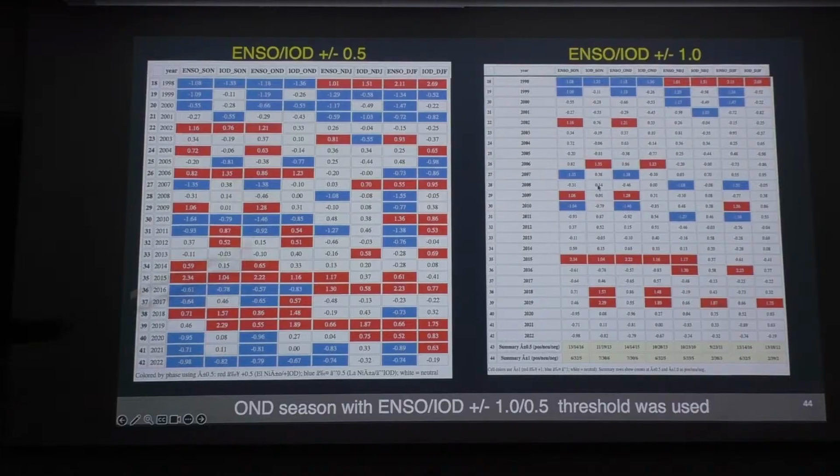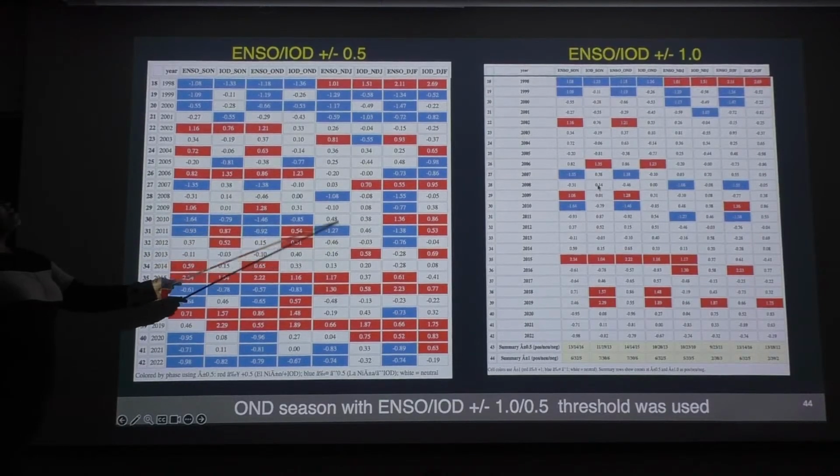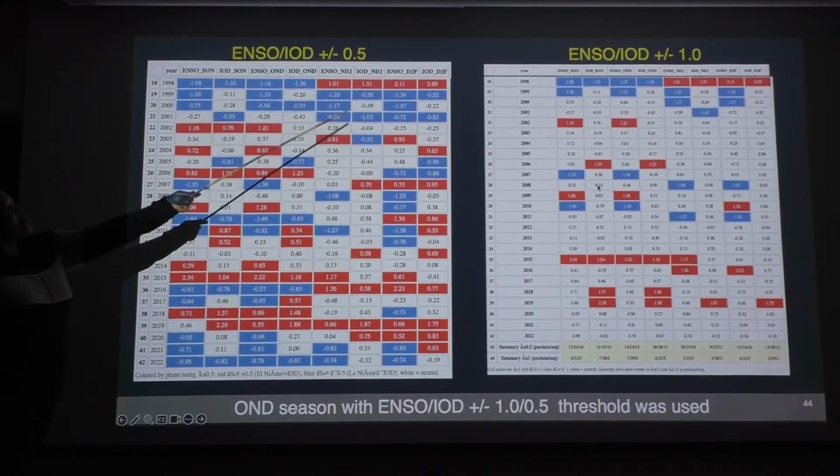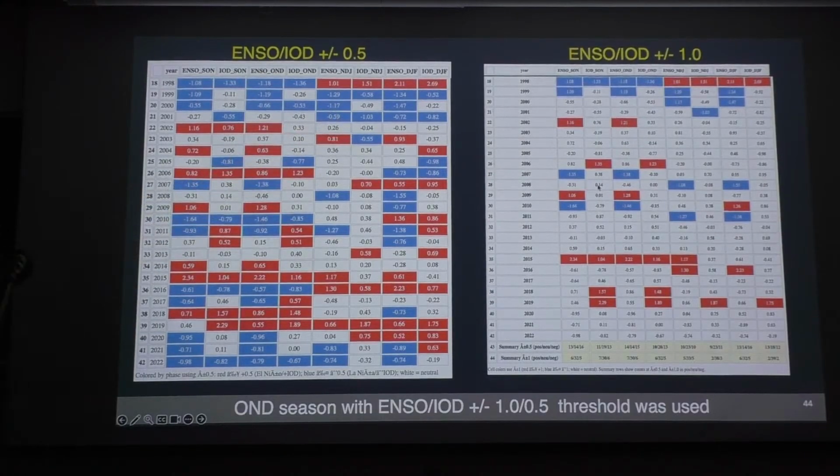So as we go further, I started looking at SON, September, October, November, until DJF, December, January, February, and checking what are these events happening and how many are they depending on the average of this season. When you check by 0.5, IND has so many compared to ENSO.